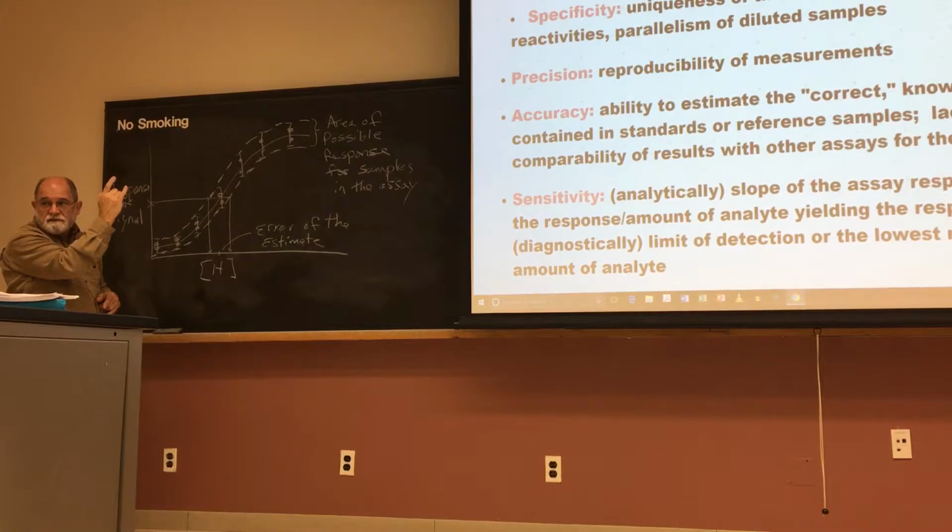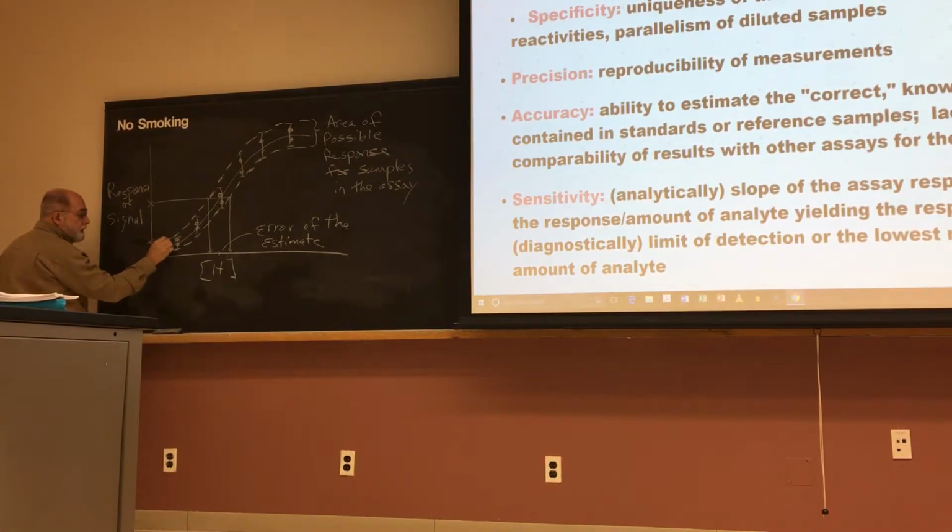But what happens at the ends of the curve is, if you've got a sample, let's say, measuring here, the error of the estimate goes way back out to here.